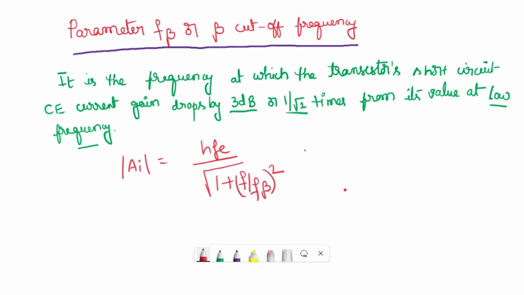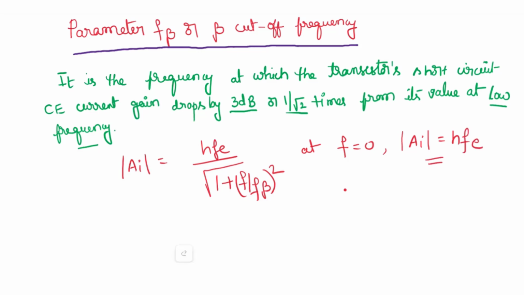At frequency equal to 0, meaning at very low frequency, if you keep f equal to 0, what is your Ai? Ai becomes hfe. So this is the CE short circuit current gain at low frequency or zero frequency. Now at f beta, when f is equal to f beta, we'll see what will happen. Just keep f beta in the place of f.